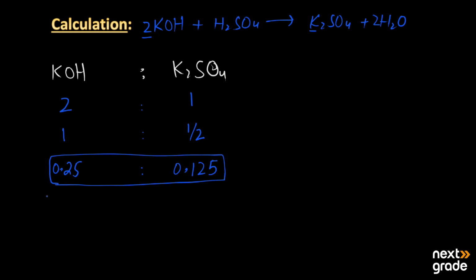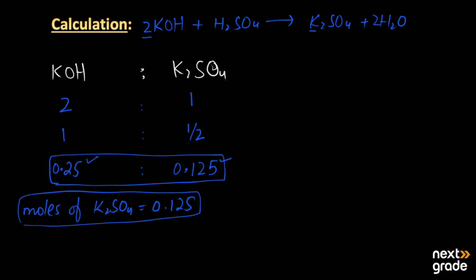So we have 0.125 moles of potassium sulfate that has been produced from 0.25 moles of potassium hydroxide.